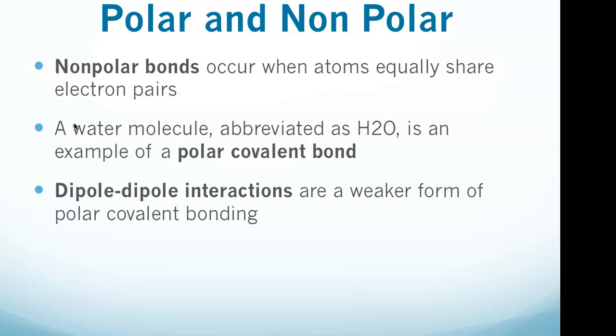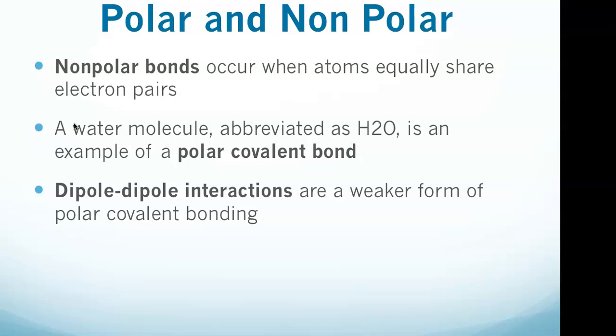Since only identical atoms, which have the same electronegativity as each other, truly engage in equal sharing, the definition is expanded to include covalent bonding between any atoms with an electronegativity difference less than 0.4. Examples of molecules with nonpolar bonds are hydrogen, nitrogen, and methane.